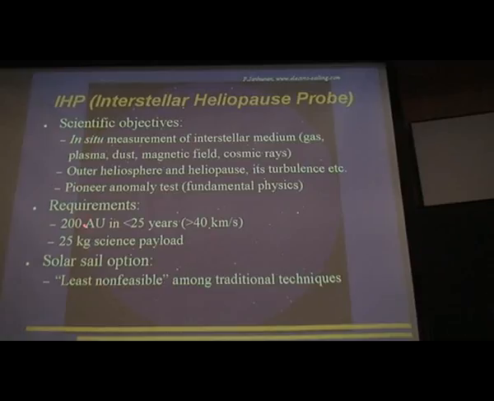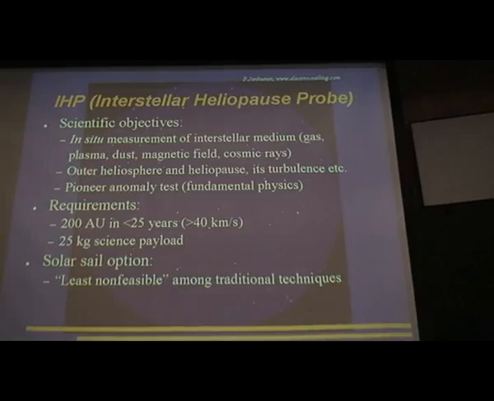Then the requirements, more specifically: one should reach 200 AU distance in less than 25 years, and this means that the speed must be larger than 40 kilometers per second. In the baseline approach, the instrument payload is 25 kilograms with 10 instruments. ESA has studied this earlier using classical propulsion systems, including solar and nuclear electric propulsion, chemical rockets, and solar sail.